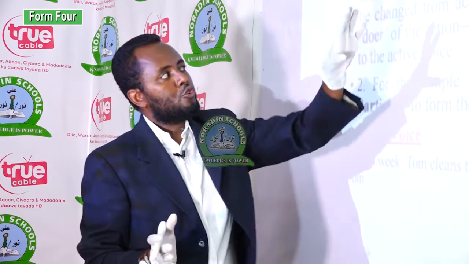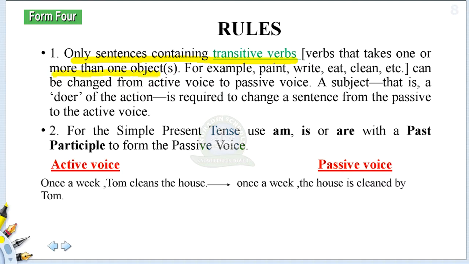When can we change the sentence into passive voice? When it has an object, because intransitive verbs cannot be used in passive voice. You only use transitive verbs in passive voice.